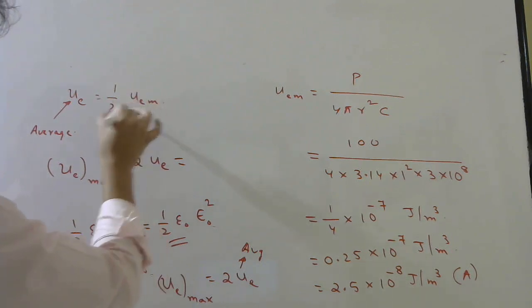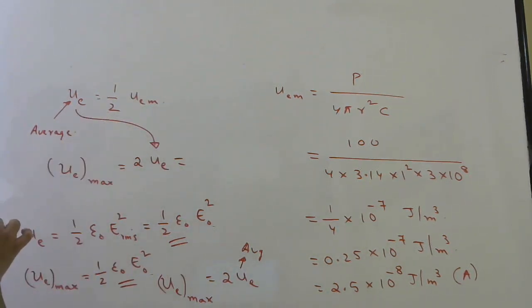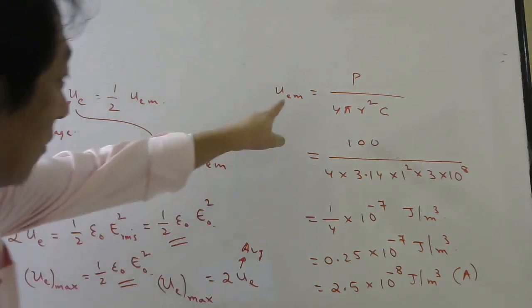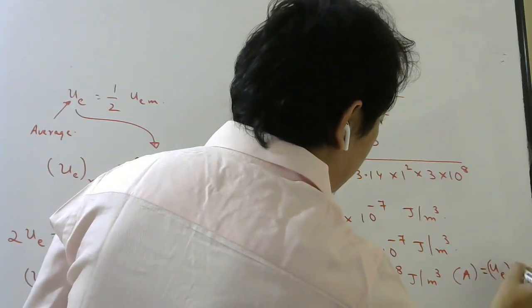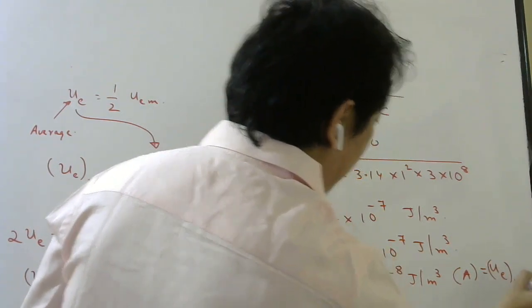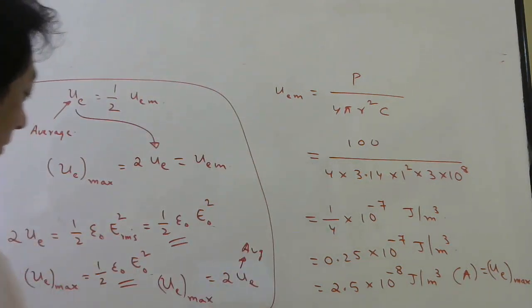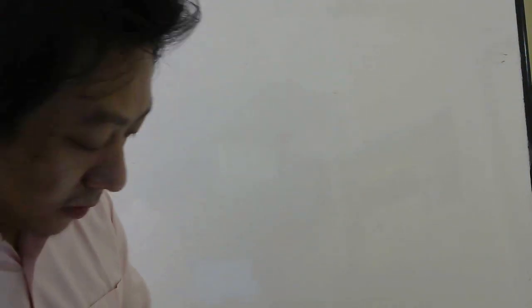If you substitute this back here, this half and this 2 will cancel, so you will get this itself. So whatever I have calculated is also the maximum energy density in the electric field, or you can say the maximum energy density in the magnetic field. Okay students, I hope you are clear with this part.